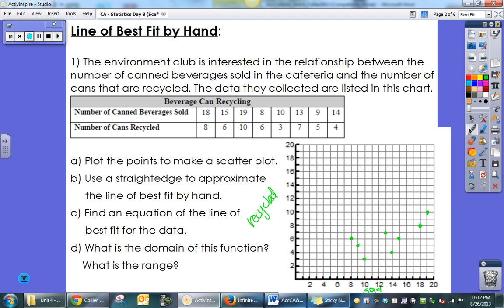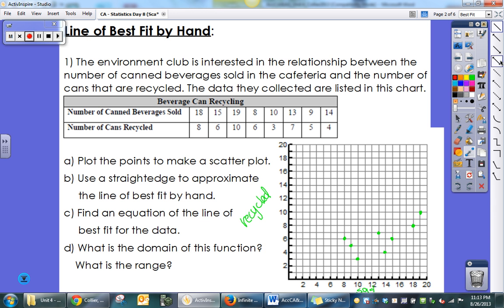Alright, so we've created our scatter plot, and now we're going to use our straight edge to determine the line of best fit. If you have a clear ruler, that's really helpful for this. So I've got my line. There's one.